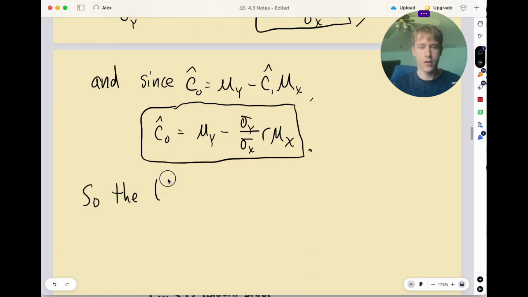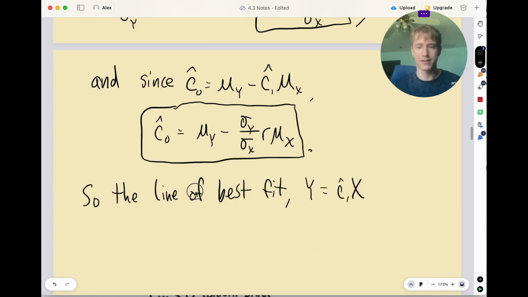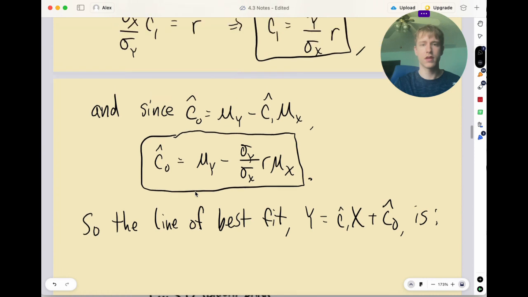So the line of best fit, which remember was y equals C1 hat x plus C0 hat, is as follows.